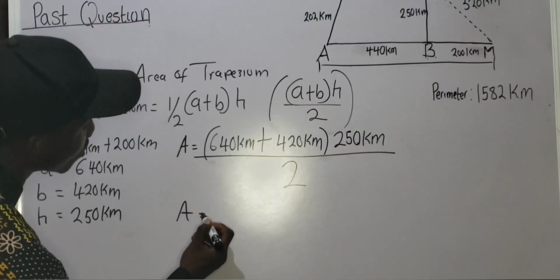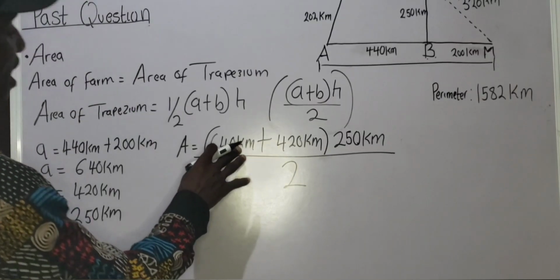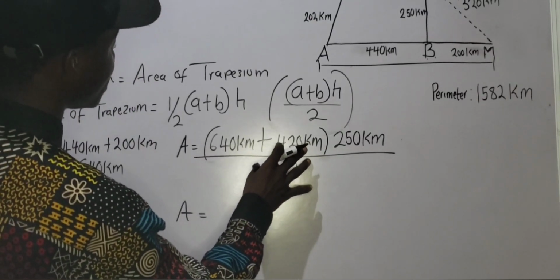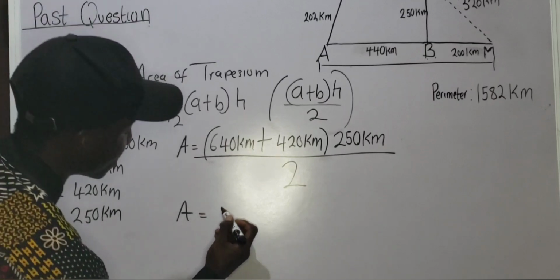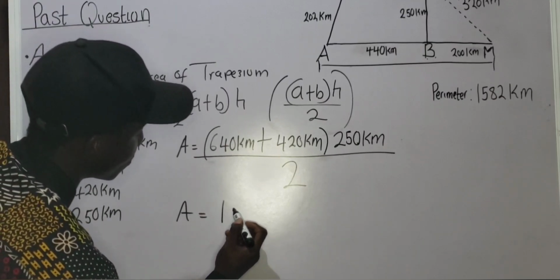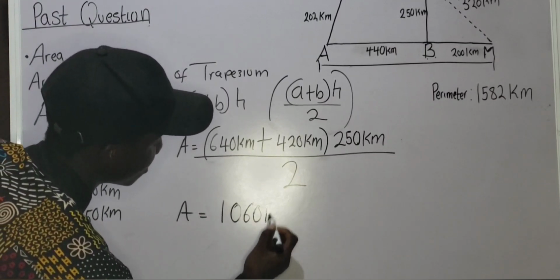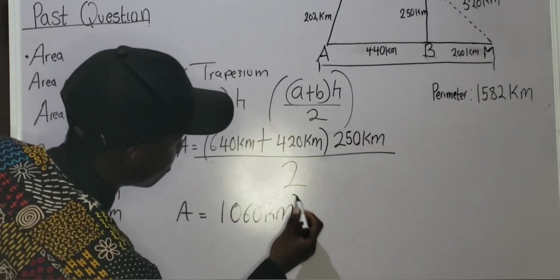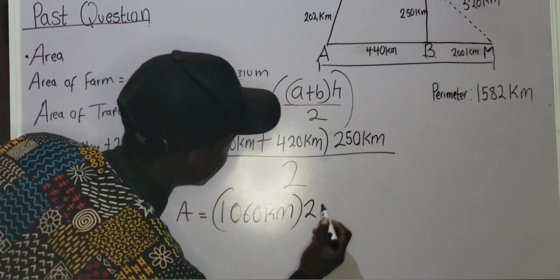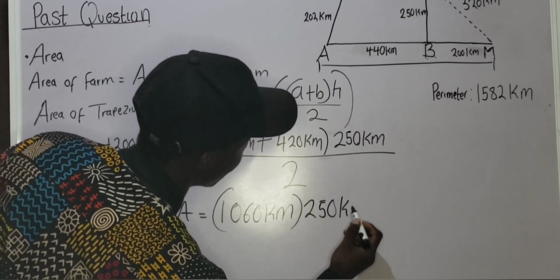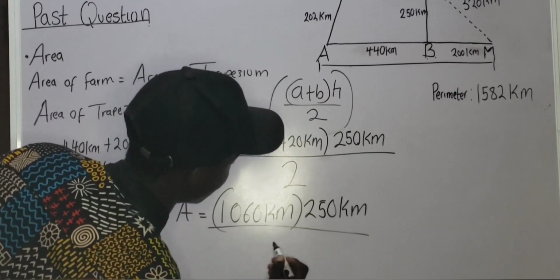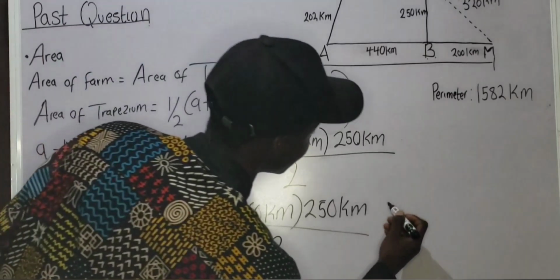The area is equal to 640 kilometers plus 420 kilometers, that is 1060 kilometers, multiplied by 250 kilometers all over 2. Do you understand?